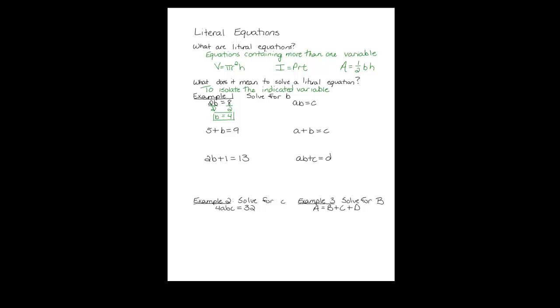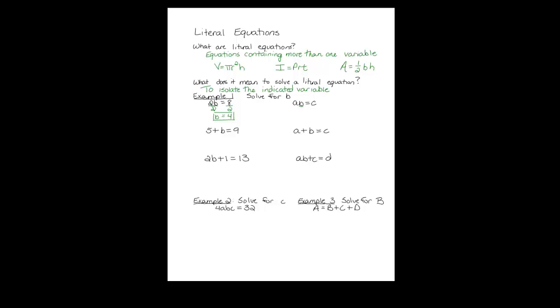Now look to the right. In this section, we will have a literal equation such as a times b equals c. Now here, our instructions are to solve for b. We want to solve this for b, so the process is exactly the same. You want to ask yourself, how are the other variables connected or attached to b?